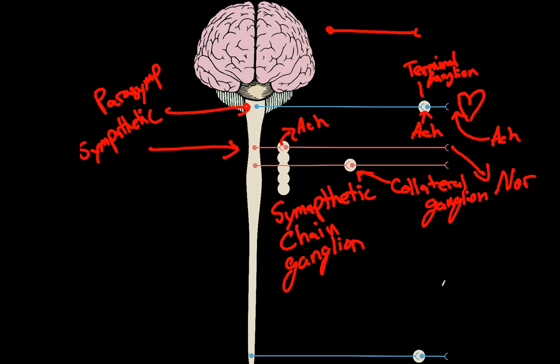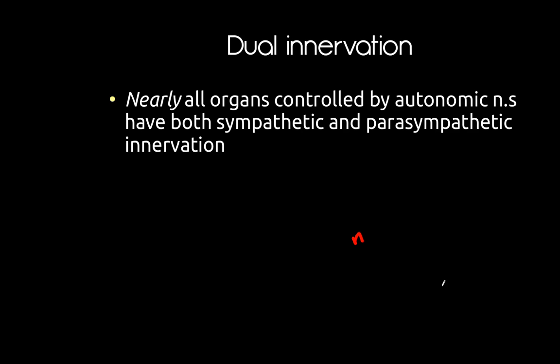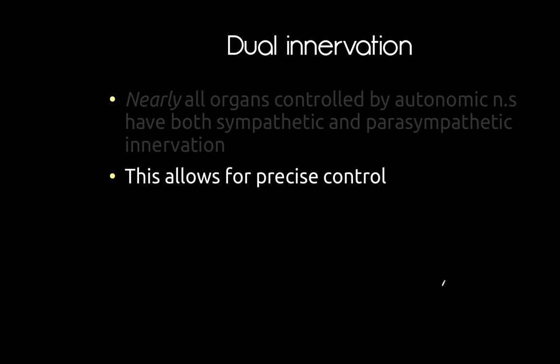Okay, let's talk a little bit more about one last thing here, and that's dual innervation, or how these autonomic branches work together to help control physiology. It turns out that nearly all organs controlled by the autonomic nervous system have both sympathetic and parasympathetic innervation. And why in the world would you do this? Well, it's because it allows really nice, precise control.